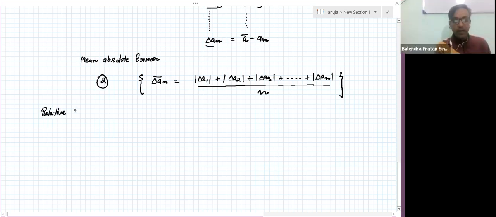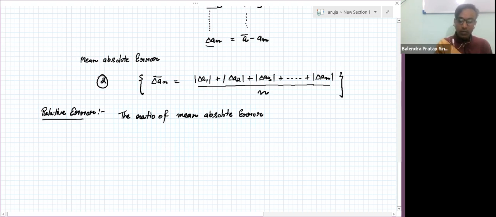It is basically the ratio of the mean absolute error to the value of the measured quantity.